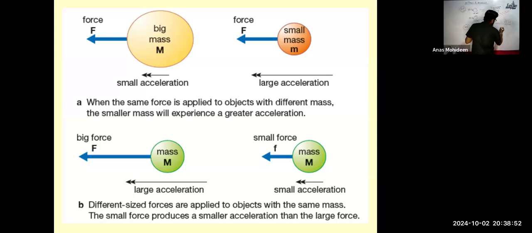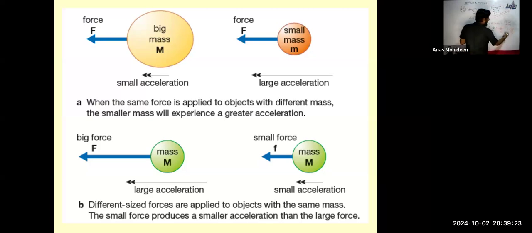Let me take two objects having the same mass, capital M. Here you are applying a larger force. Let me mark it as F1 and A1. And here I'm showing F2 and this is A2.